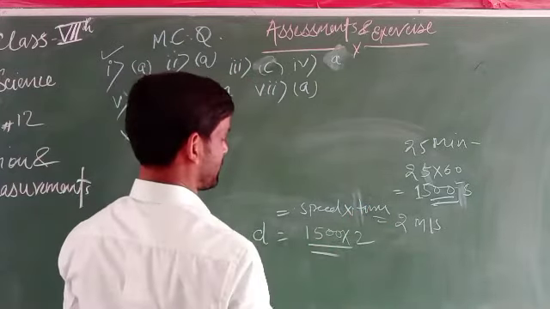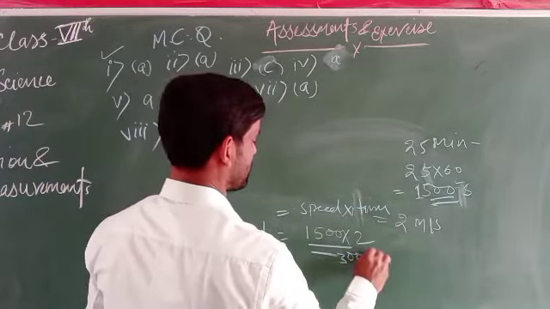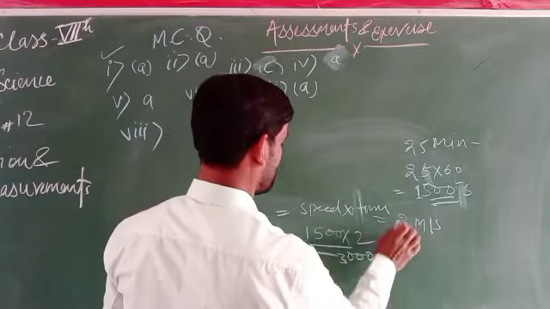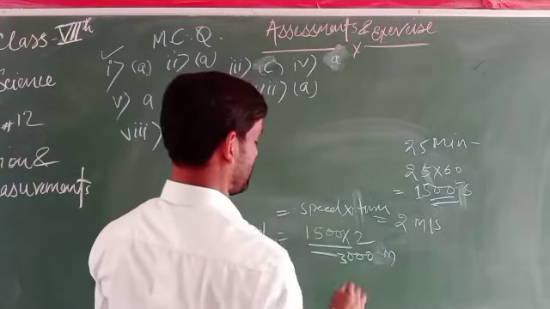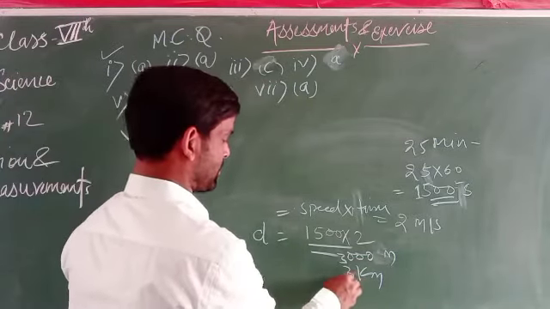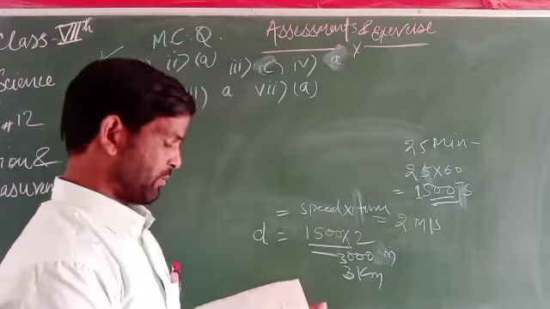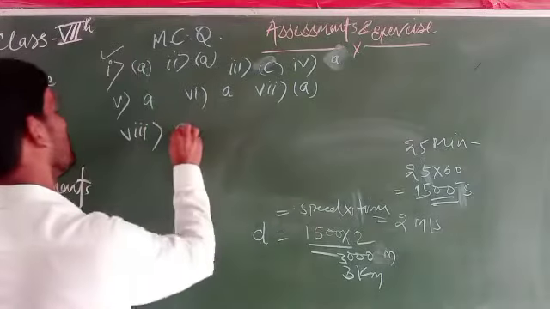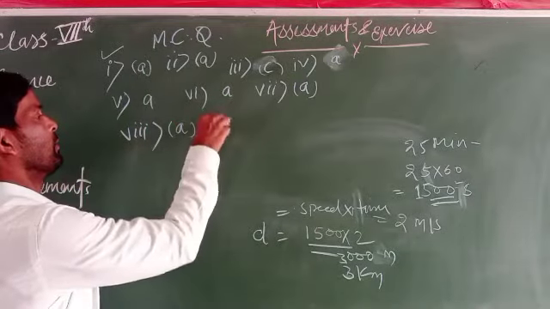So 1500 into 2, that is 3000 meter or 3 kilometer. So the right answer will be 3 kilometer, which is given in A. 8A.